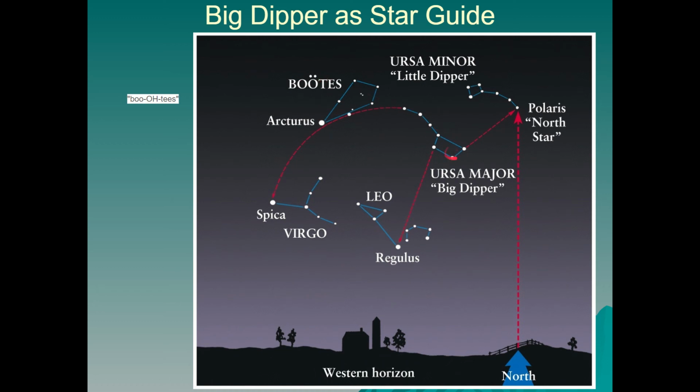Big Dipper is in the Big Bear, Little Dipper is in the Little Bear. Ursa Minor, Ursa Major. Leo the regal lion, Regulus is the bright star that connects the body of the lion to the head of the cat.